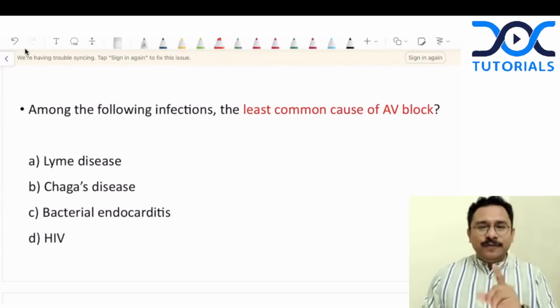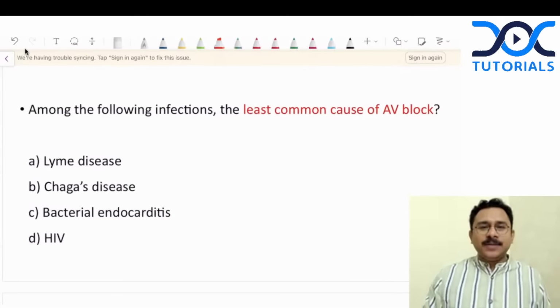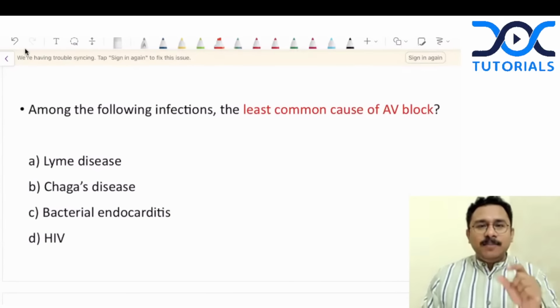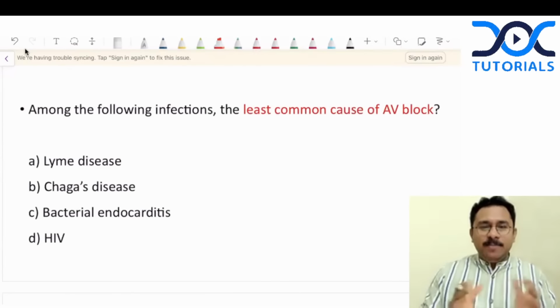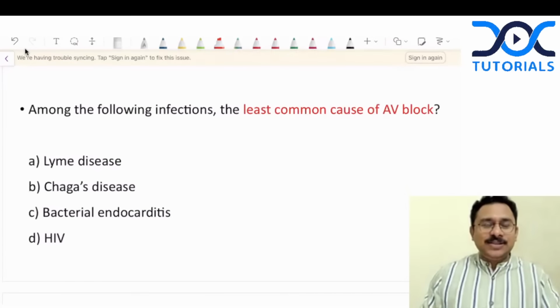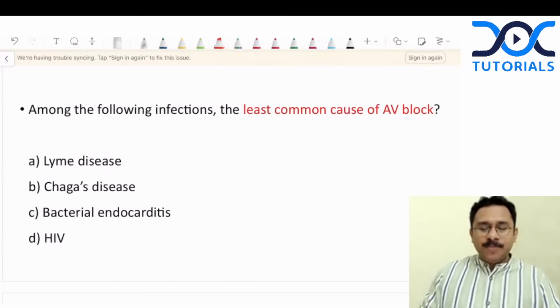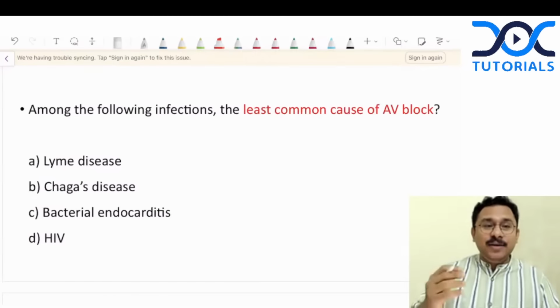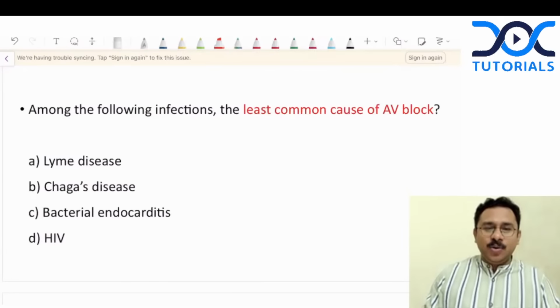Among the following infections, the least common cause of AV block. Okay, so AV nodal block has multiple etiologies. And among the multiple etiologies, you have also got infectious etiologies that can lead on to AV block. So the question is regarding the infectious etiologies leading on to AV block.